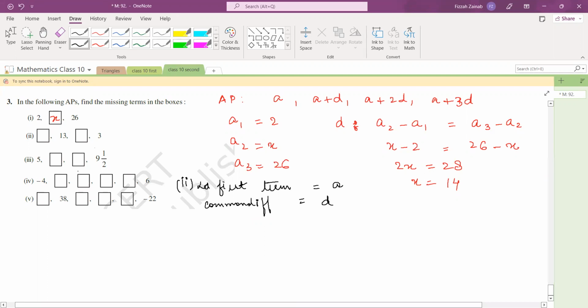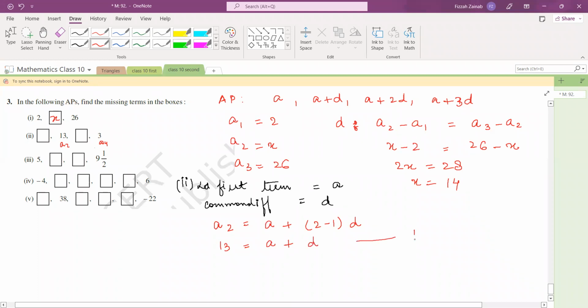Now what is given to me? This is A2 which is given, and this is A4 which is given, correct? A1, A2, A3, A4. So A2 should be equal to a plus (2 minus 1) into d. Now A2 is 13, so 13 is equal to a plus d.